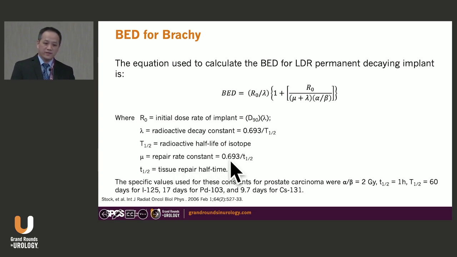So the only thing that changes depends on the isotope: the half-life, and the radioactive decay constant is actually a function of half-life. So you can derive the D90 you need from that magic 220 BED, for each different type of isotope.